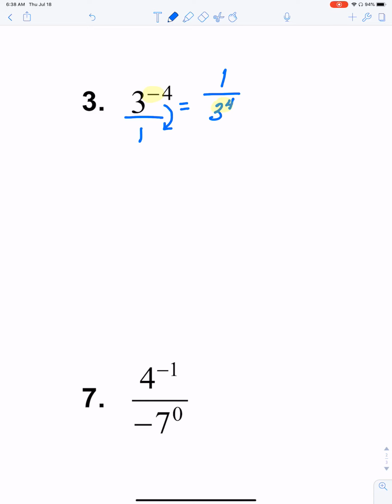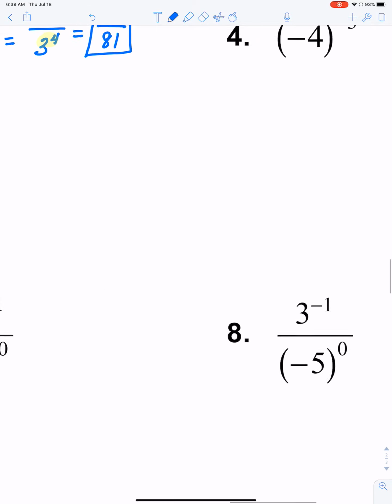Once you use the reciprocal, or bring it to the bottom, as I like to say, that negative will go away. So 1 over 3 to the fourth, okay, I know 3 to the fourth power is 81. And that should be my final answer in this case.